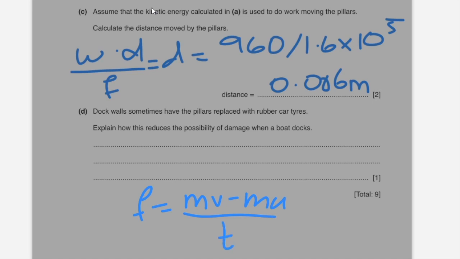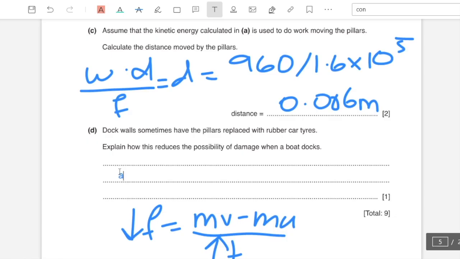So when the dock has rubber tires instead of the pillars, after the boat comes into contact with these tires, the time of contact is greater between tires and the boat compared to the contact time between the boat and the pillars. So when the time in contact increases, the force decreases, and so the amount of damage possible also decreases.